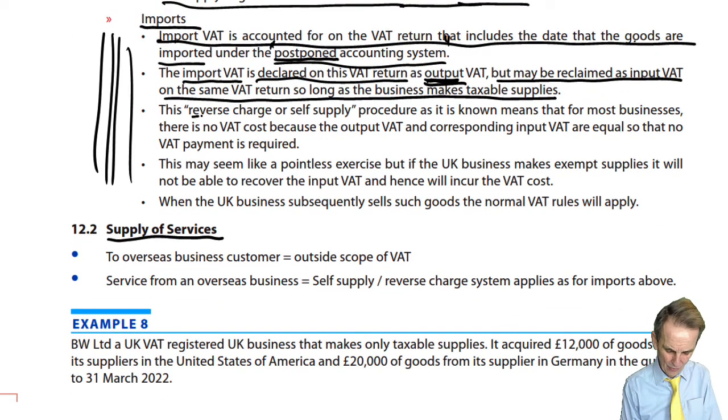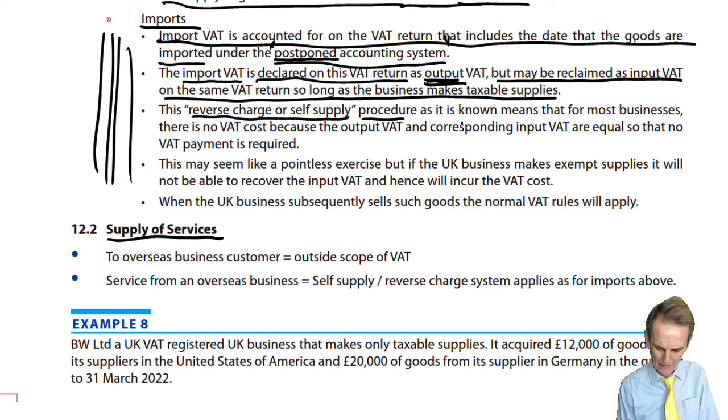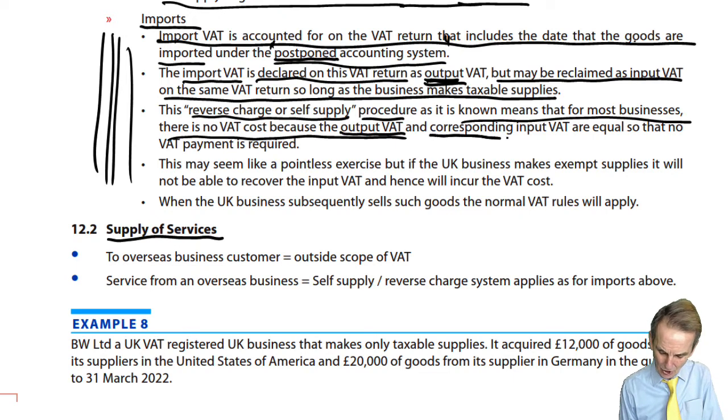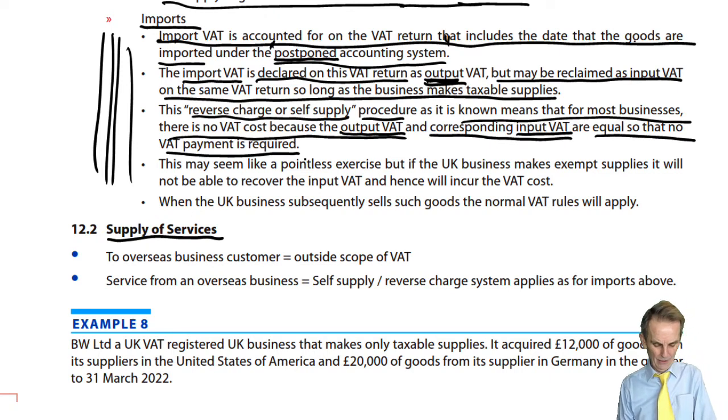And this reverse charge, or self-supply as it may be known, procedure, means that for most businesses there is no VAT cost, because the output VAT that we are required to account for, the import VAT, the output tax going to our VAT return, and the corresponding input VAT are equal, so that no VAT payment is required.